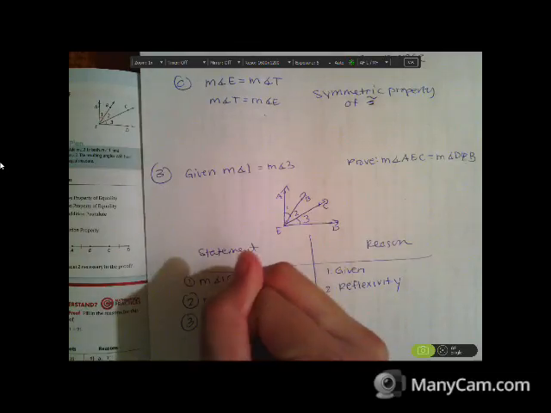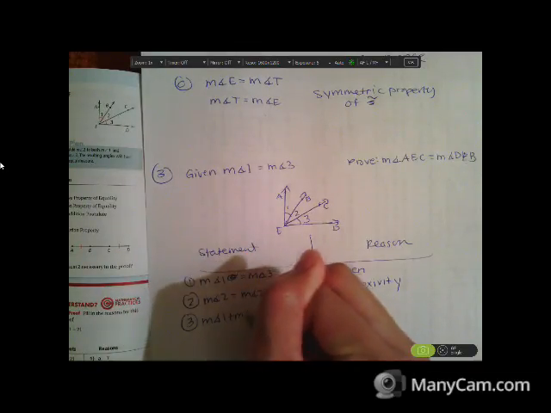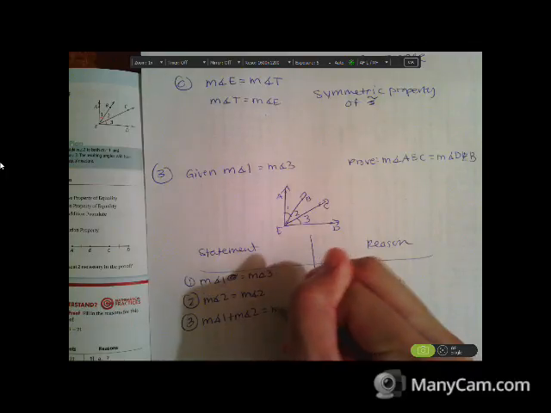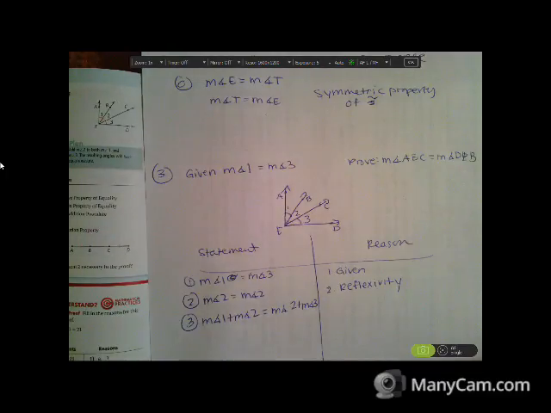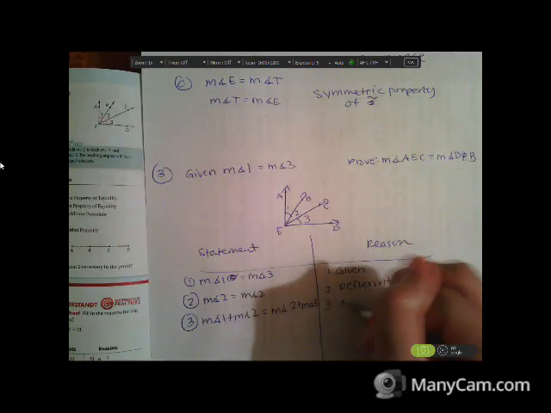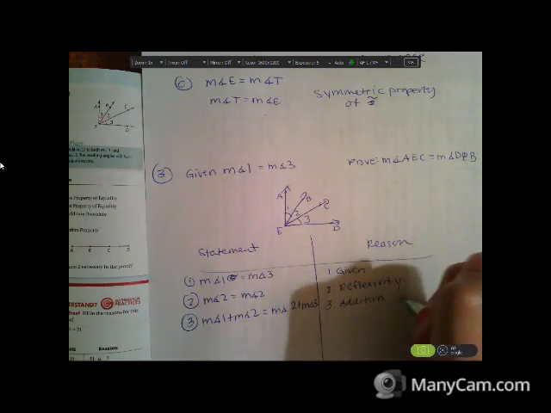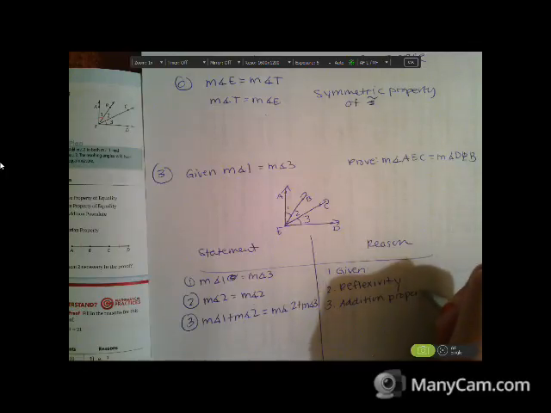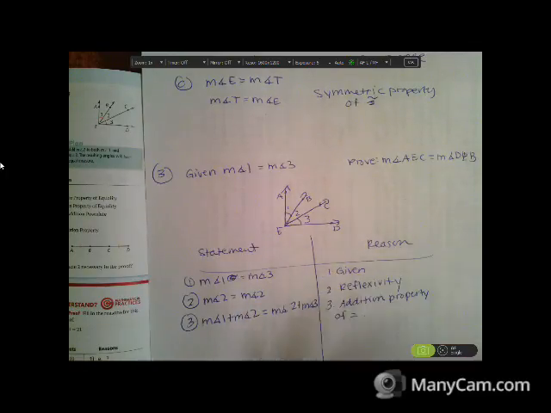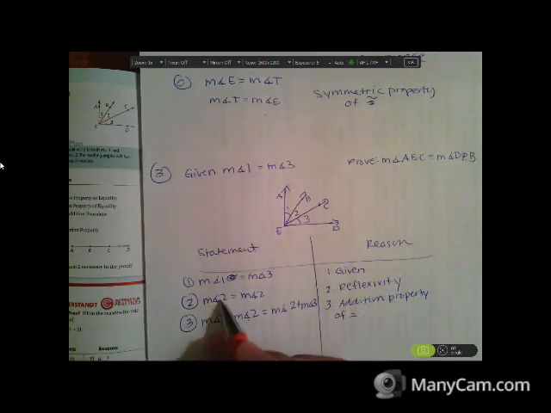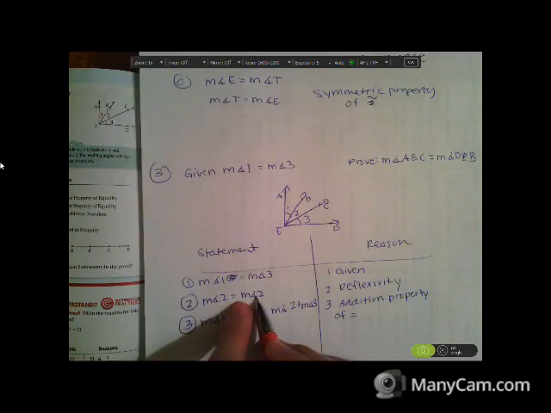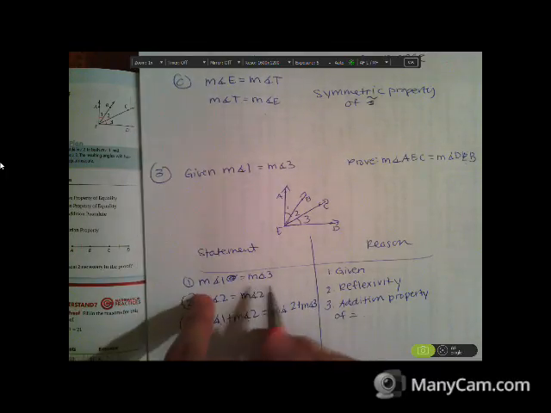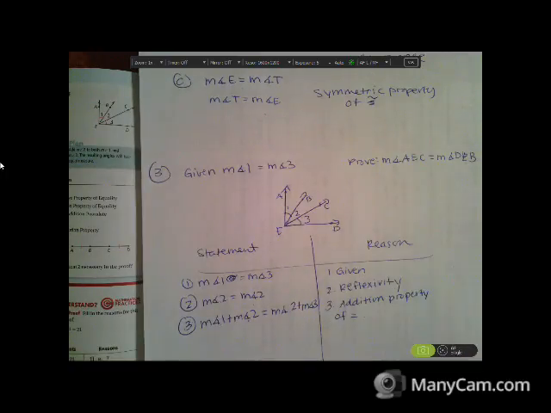So, we can say that the measure of angle 1 plus the measure of angle 2 equals the measure of angle 2 plus the measure of angle 3. And that is from the addition property of equality. Because from step 2, we added the measure of angle 1, and on this side we added the measure of angle 3, because the measure of angle 1 is equal to the measure of angle 3.